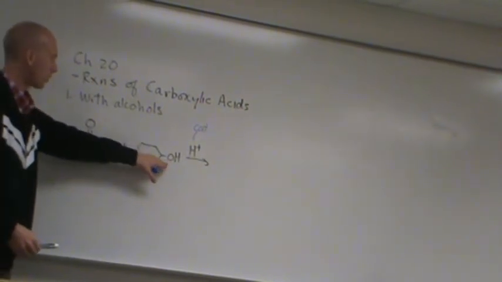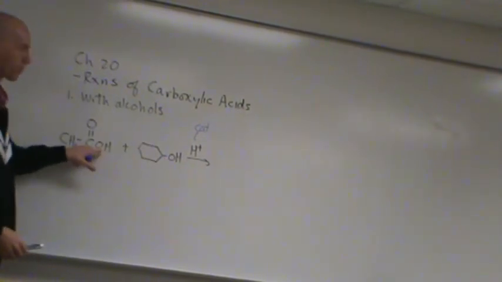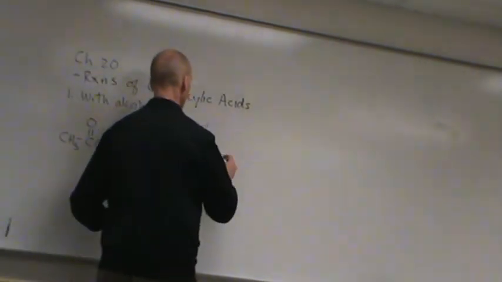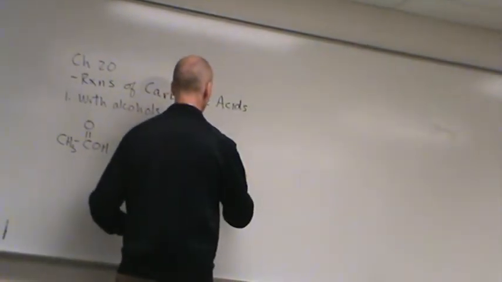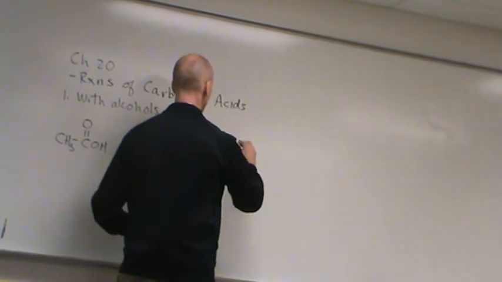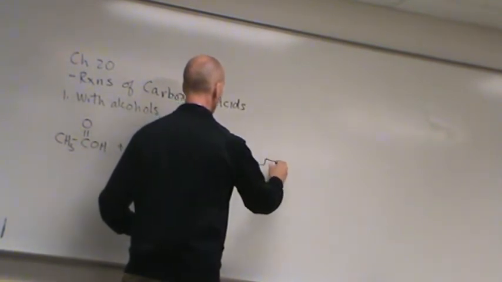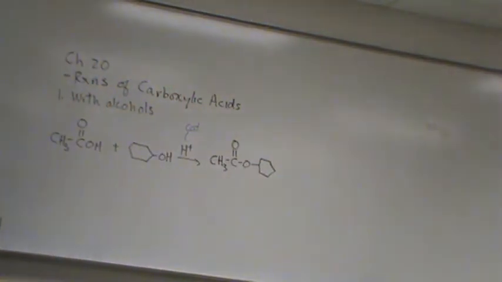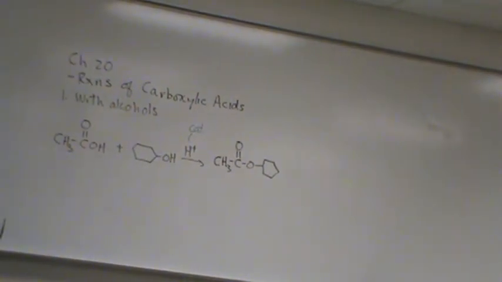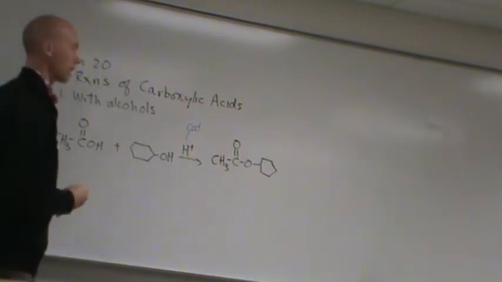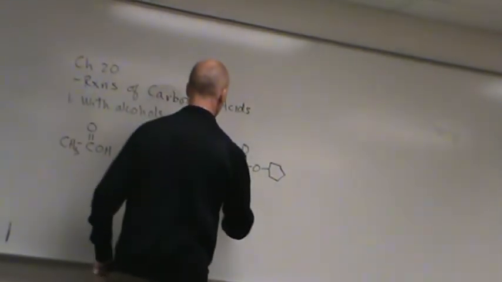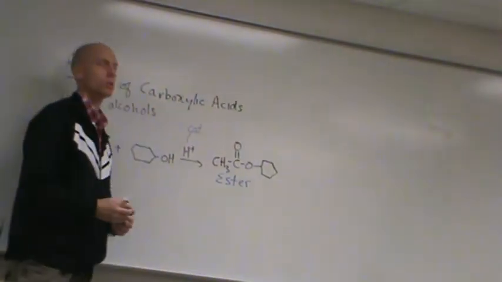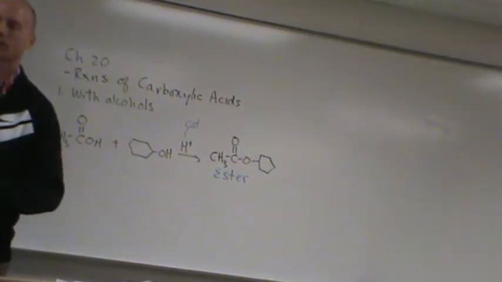Just the shorthand product that you get: this alcohol substitutes for this OH. And so the product that you get is this thing here. If you might remember, the name of this functional group is what's called an ester.